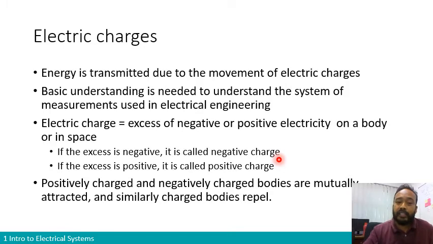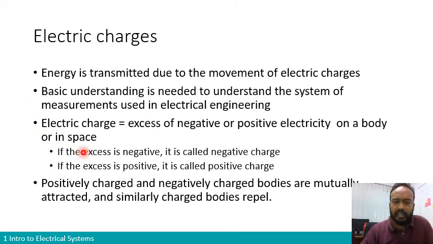Energy is transmitted due to the movement of these electrical charges, and therefore we need a basic understanding of electrical charges, and how we measure them in electrical engineering.